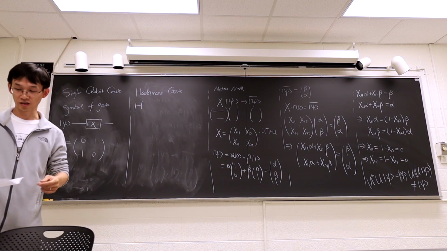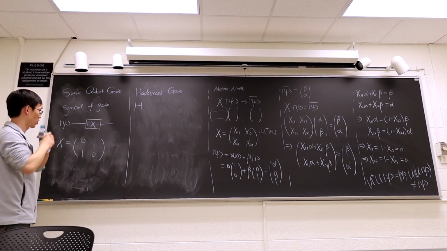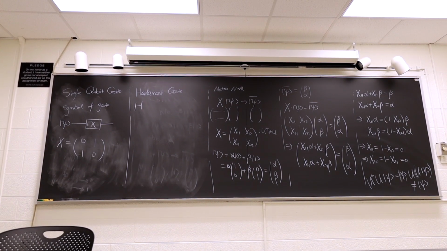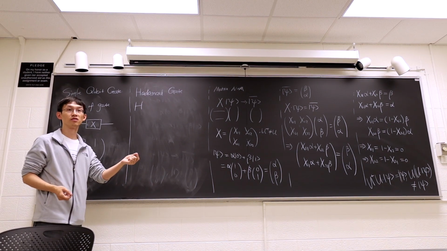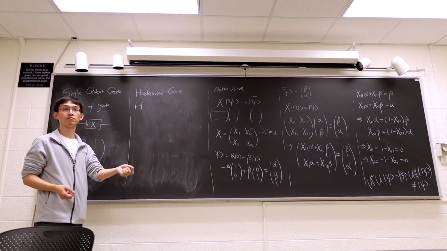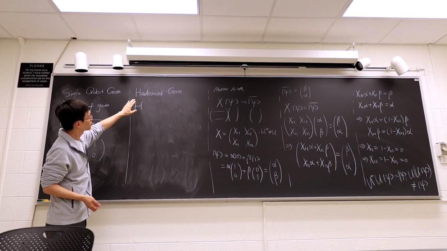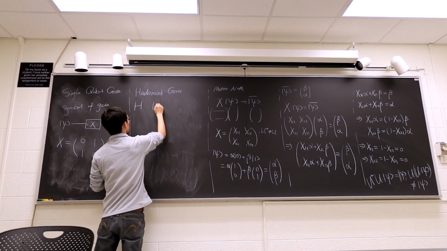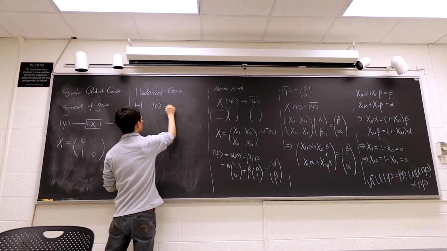So what does this do? Just think about what's special about a qubit. A qubit can be in superposition. That's a key difference between a qubit and a bit. So what the Hadamard gate does is it turns an eigenstate into superposition.